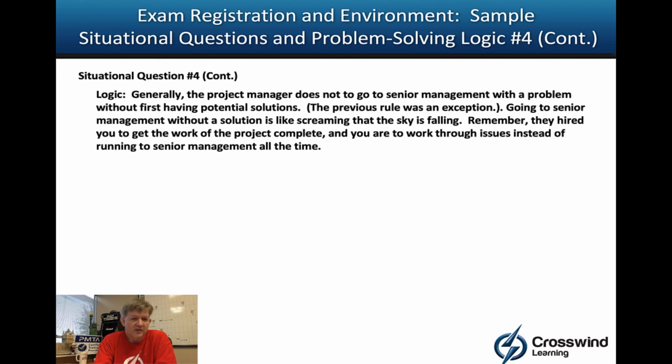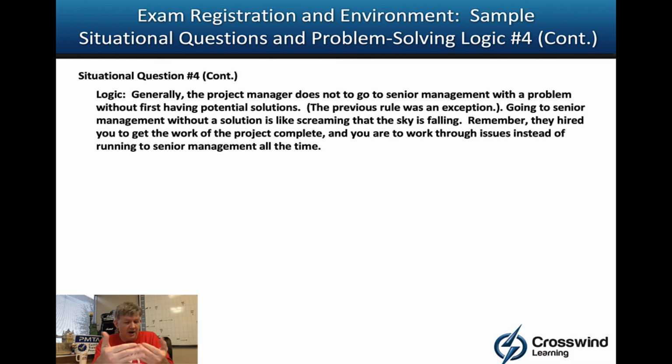So yeah, generally the PM does not go to senior management or the sponsor with a problem without having potential solutions. They don't go up there and just say we got a problem, because that basically is like whining. Would you like some cheese with your wine, so to speak. So they would go to senior management or the sponsor and say, we've got a problem.